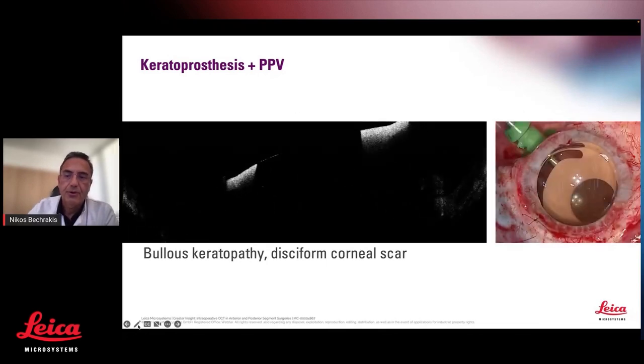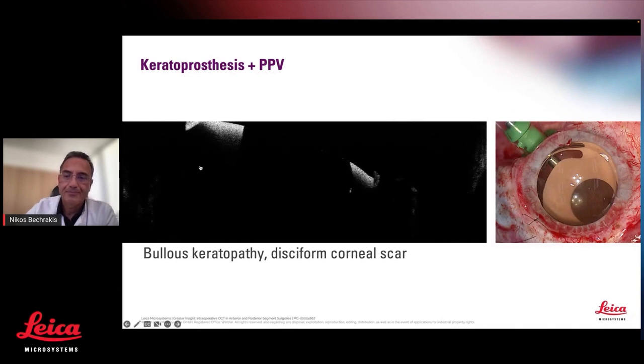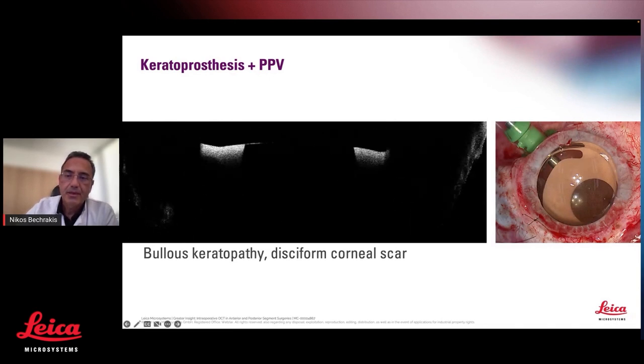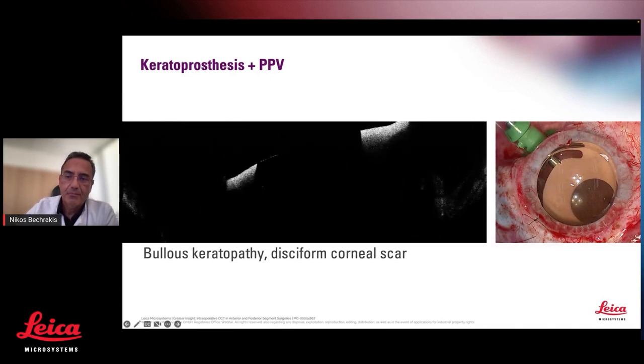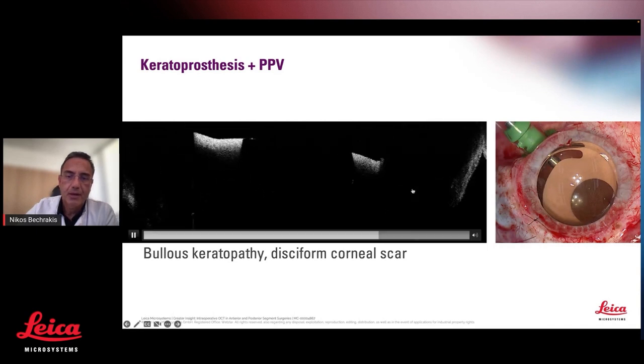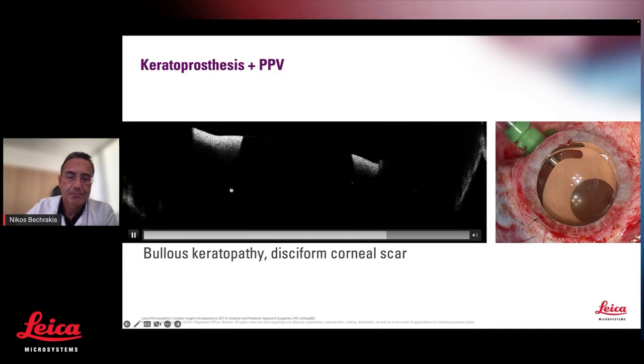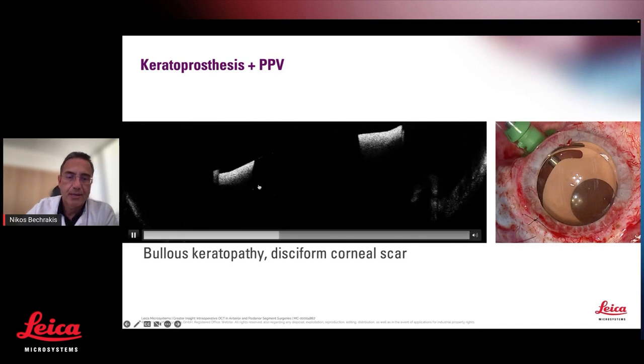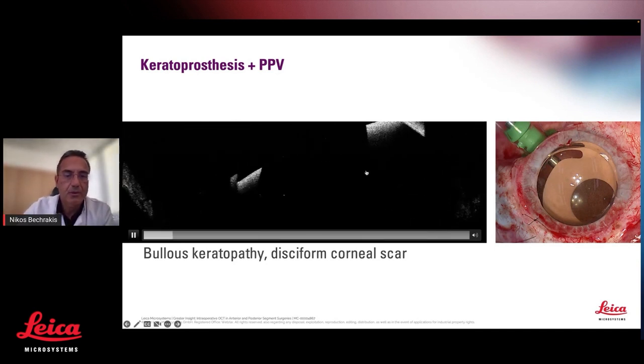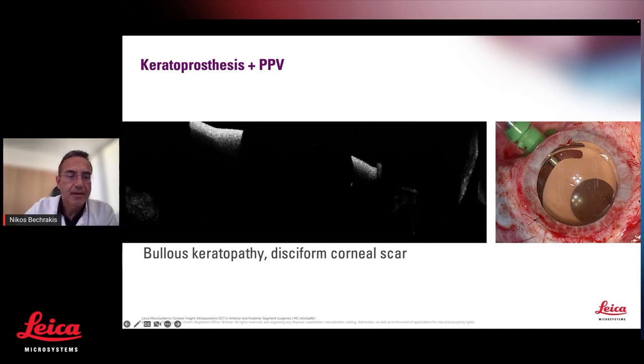So after removal of the cornea, with placement of an infusion line at the pars plana, you see how dislocated the iris lens diaphragm is by the infusion line. And actually, you can see here in this OCT image the iris lens diaphragm.